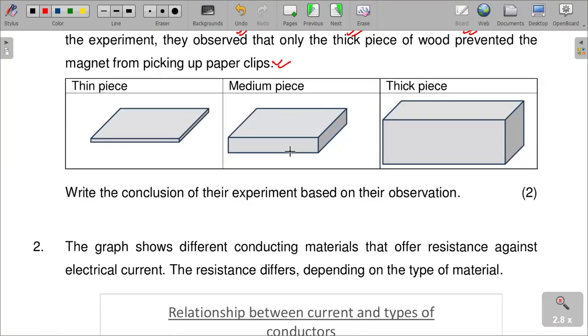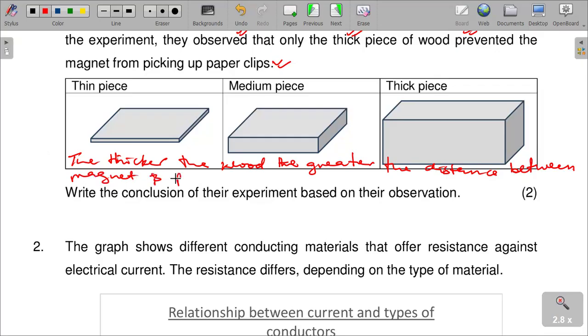We can actually say that the thicker the wood, the greater the distance between the magnet and the paper clips.